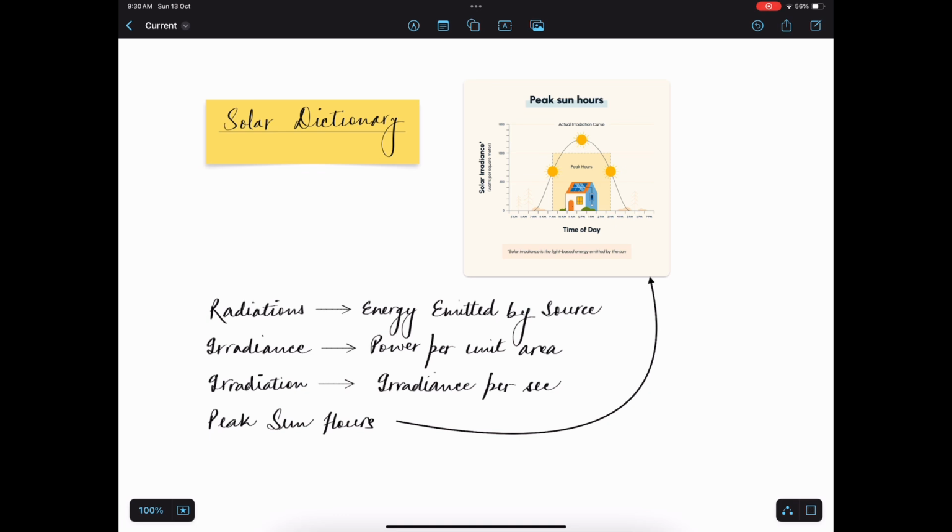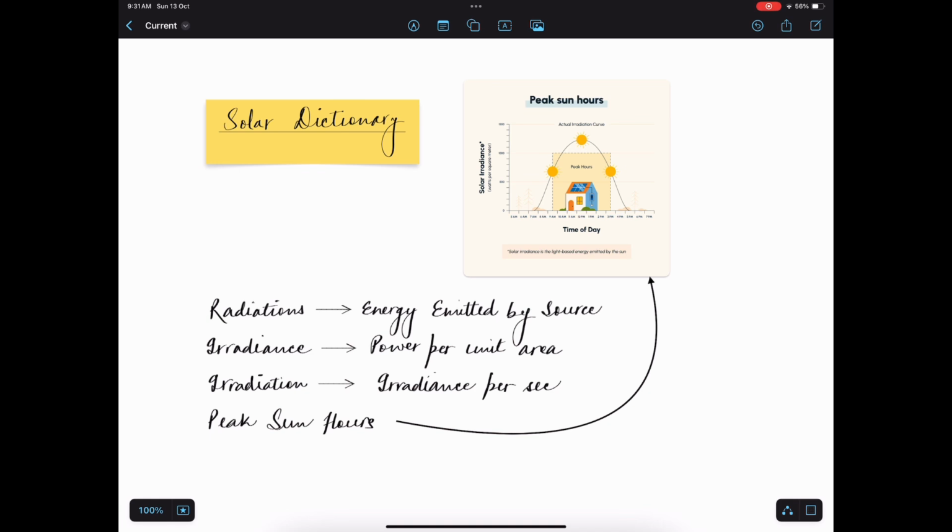First of all, radiation is the energy emitted by the source, which is the sun here. The total energy emitted by the sun is called the radiation. When those solar radiations fall on a surface, the total amount of power that it generates per unit area is known as the irradiance, and the irradiance over time is called the irradiation.